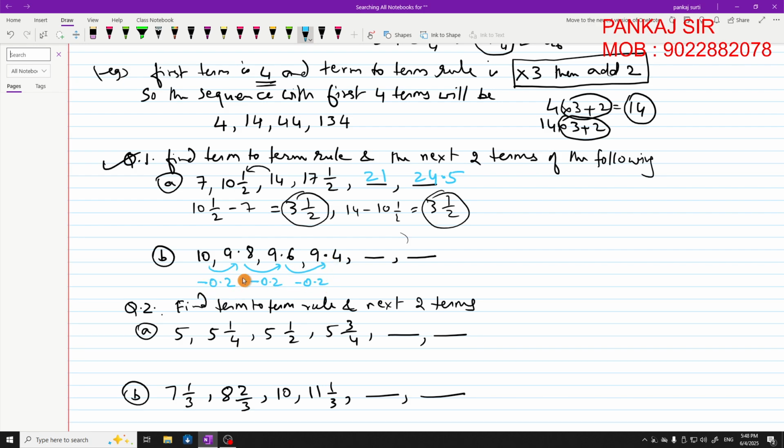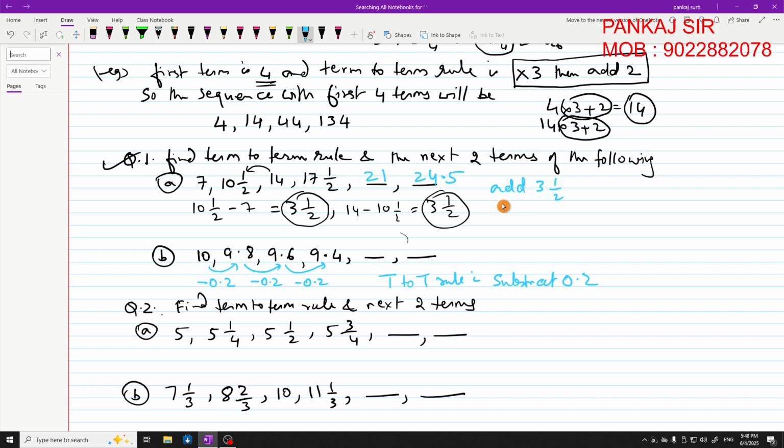So my term to term rule is nothing but subtracting 0.2. So the answer can be written as term to term rule is subtract 0.2.